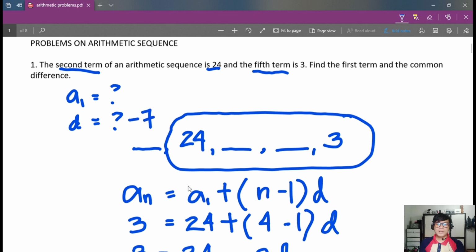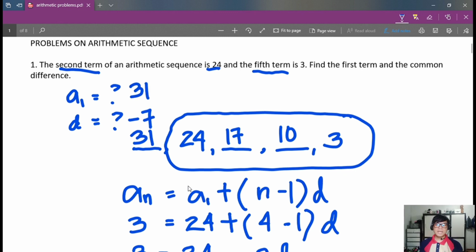And our first term na hinahanap is 24 minus negative 7, that's 31. So, i-continue na lang natin dito. 31, 24. 24 minus 7, 17. 17 minus 7 is 10. And 10 minus 7 is 3. So, our first term is 31.